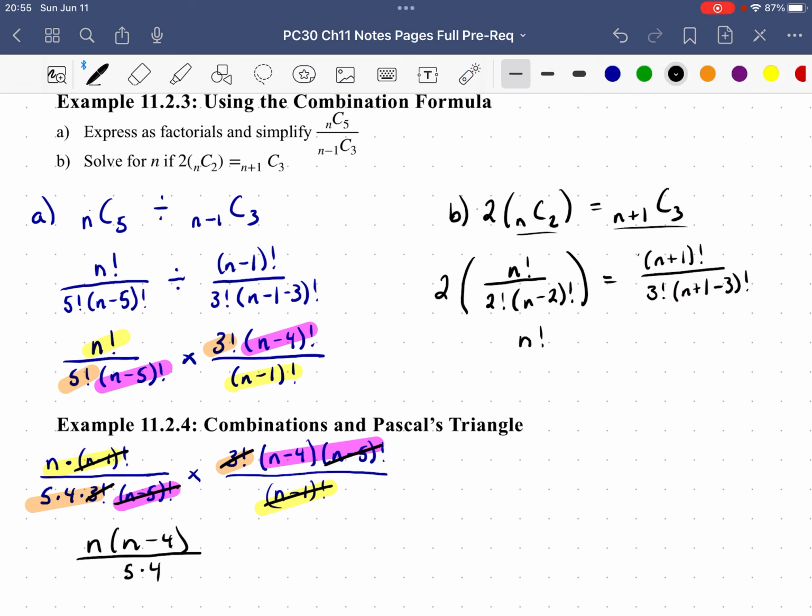This becomes n factorial over (n minus 2) factorial equals (n plus 1) factorial all over 3 factorial times (n minus 2) factorial.